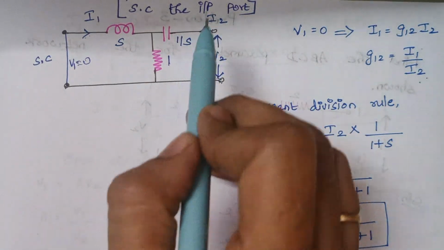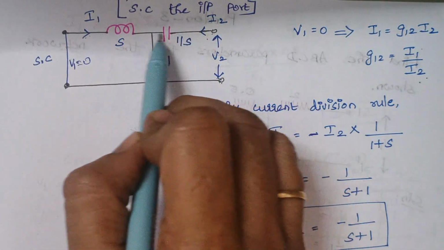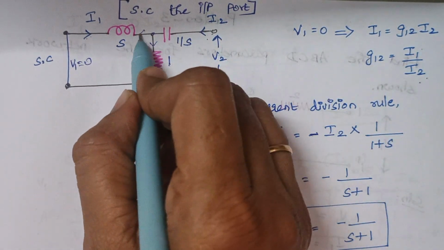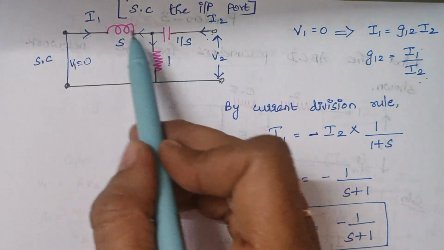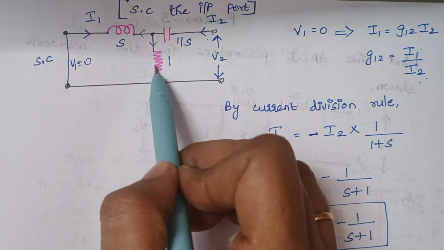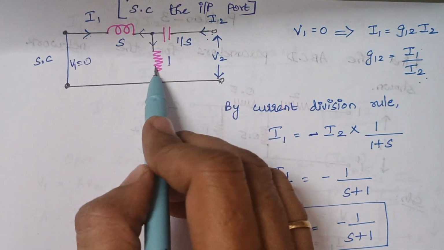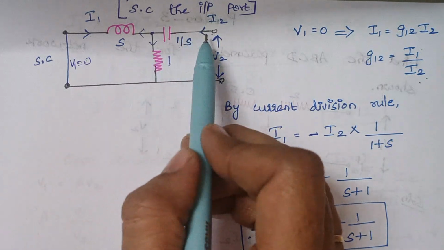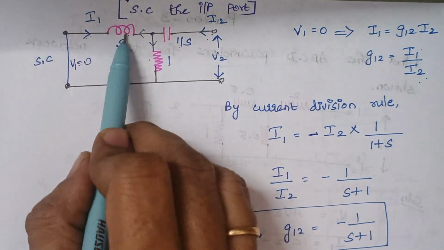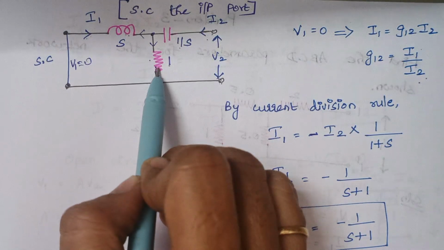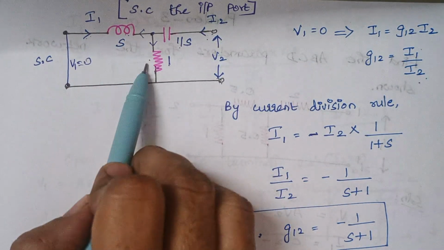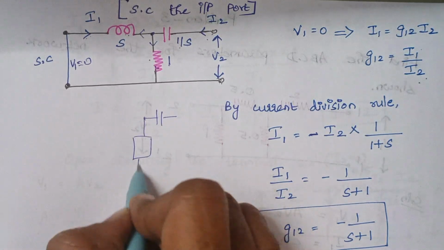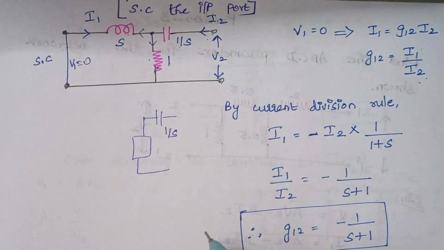When you look at this diagram, you see I2, when it reaches this node, what happens? It gets divided into 2. Whenever the current divides, what does it mean? These two elements are connected in parallel, and that combination comes in series with this capacitor. When you combine these two elements as a single one, that combination comes in series with this capacitor.